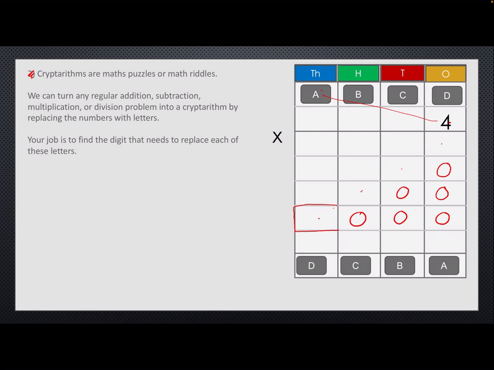But that box is only 1 digit long. So how many 4 times tables are there that have only got a 1-digit answer? Well, there's 4 times 1, which is 4, and 4 times 2, which is 8, and there's 4 times 3, well, that's 12. That's already too big. So A can only be 1 or 2.